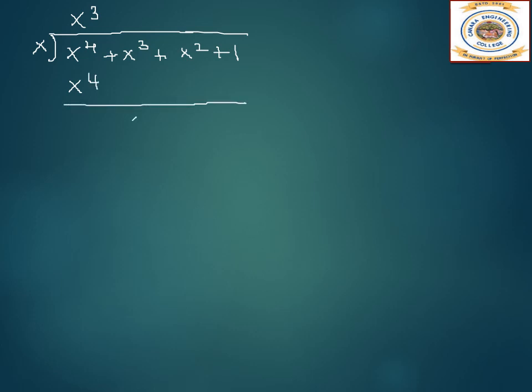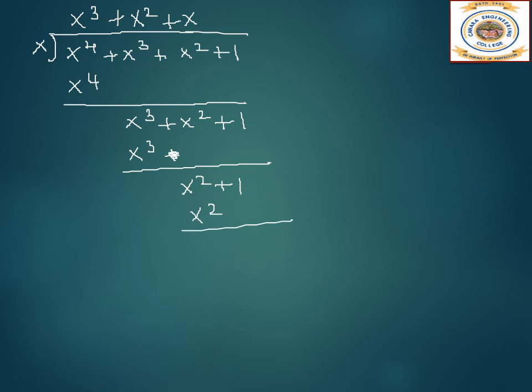So here x cube plus x square plus 1 plus x square. So this is x cube. Here nothing, we don't have anything. It's just x cube over here. So x square plus 1 plus x. So here it is x square. So what is the remainder here? 1. So this is our remainder R3.